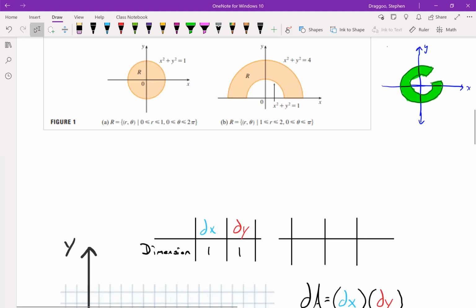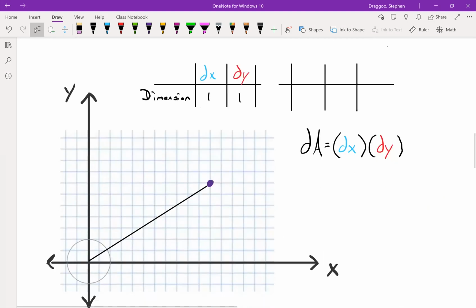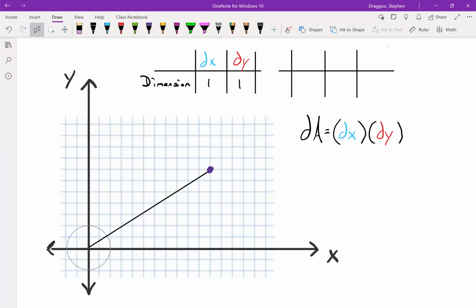But before we move on to our next theorem, let's talk for a moment about what dA really represents. We talked a few sections ago about dx being an infinitesimal change in the x direction, and dy being that infinitesimal change in the y direction. And so dA should just be an infinitesimal, really small change in the area.